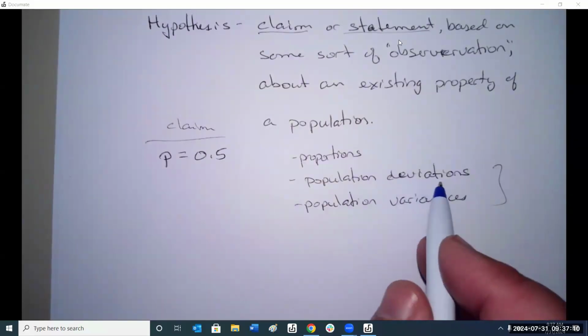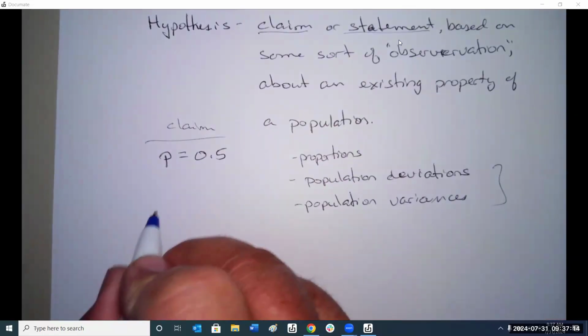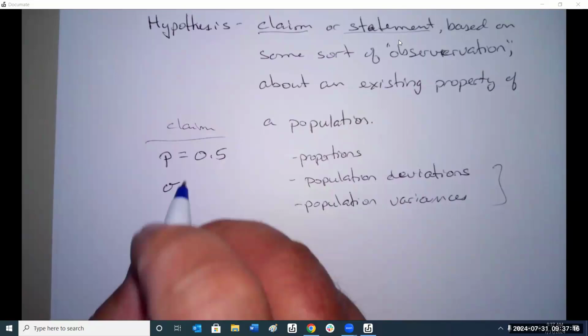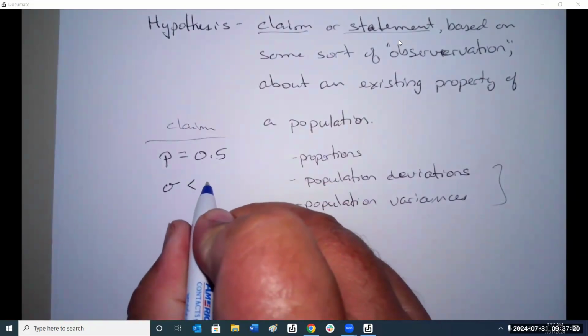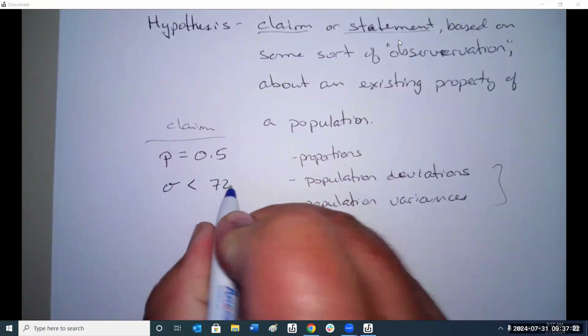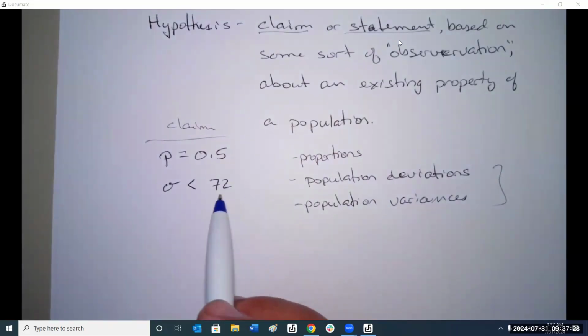The deviation, that's our rho. We can say that that's less than 72. We're saying that this test was so difficult, the average of all my classes put together was less than 72.